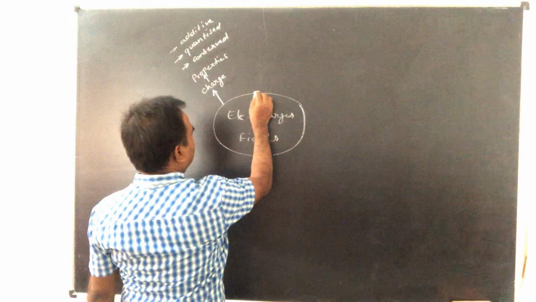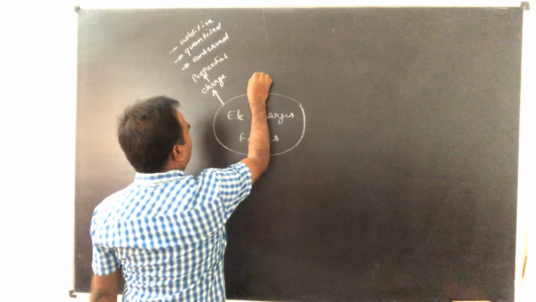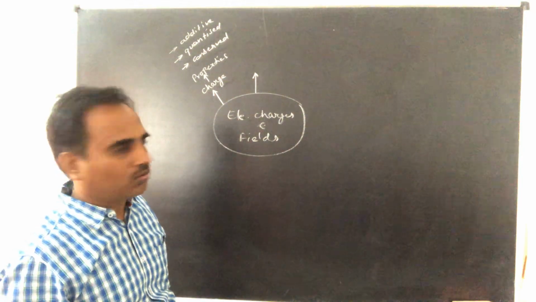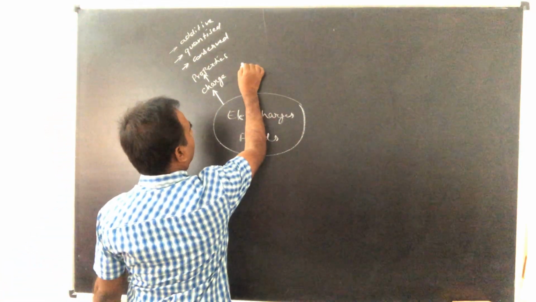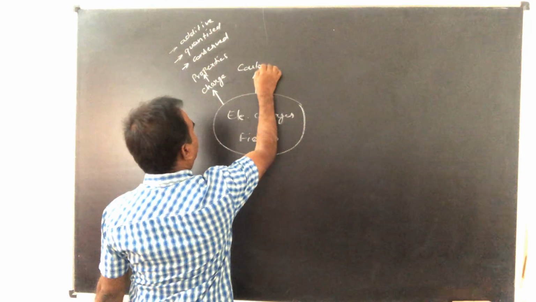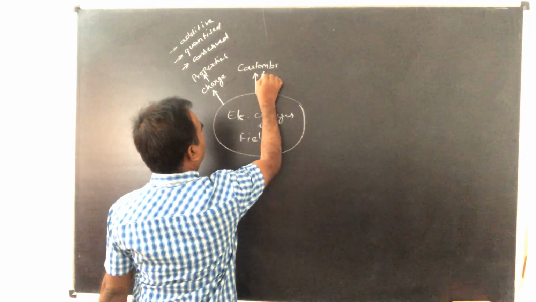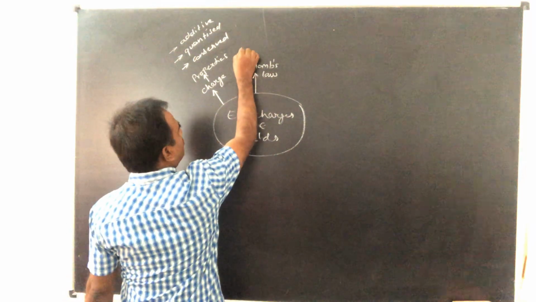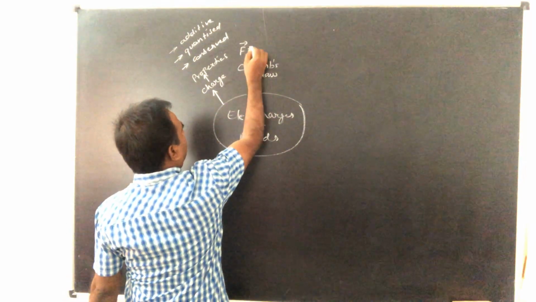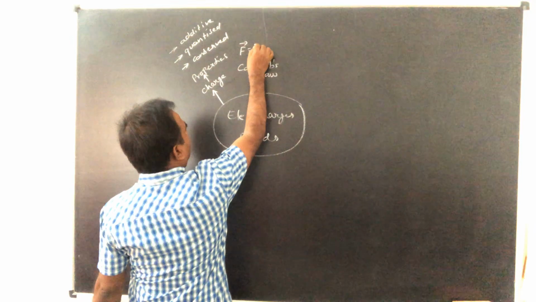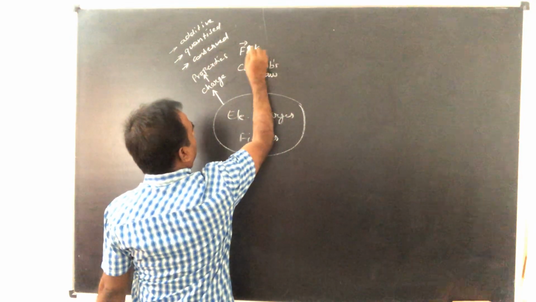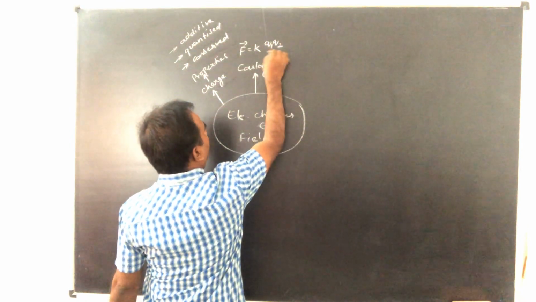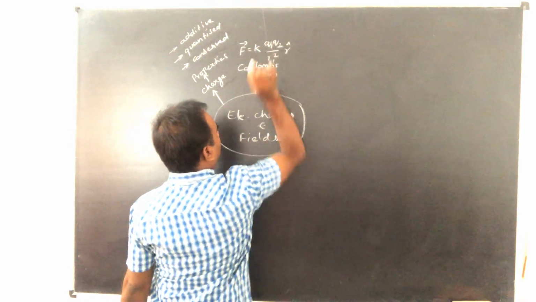Next, after the properties of charge, to explain the force between charges, you studied about Coulomb's law. So this Coulomb's law is nothing but F is equal to 1 by 4 pi epsilon naught Q1 Q2 divided by R square R cap.